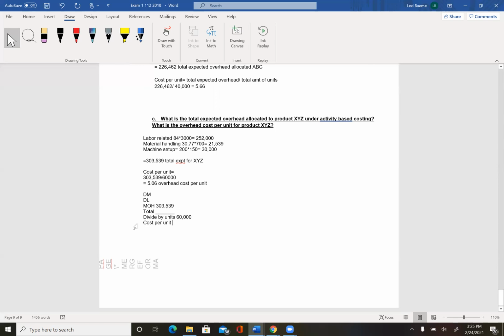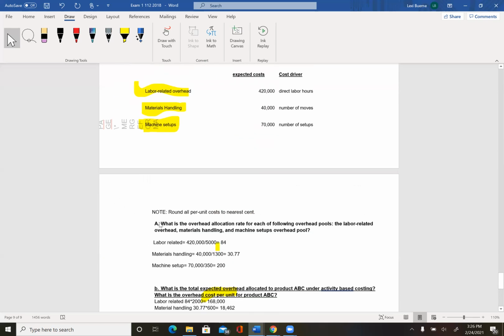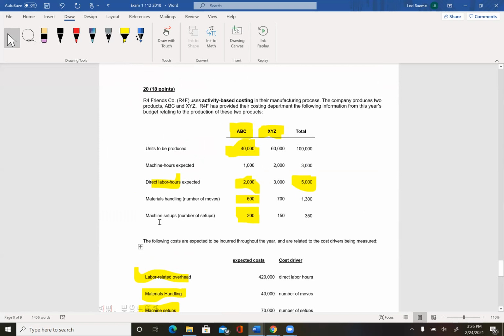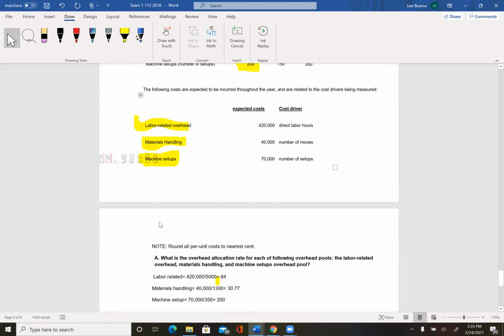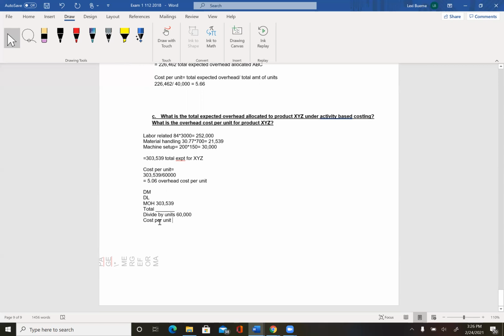But if it asked you for total cost per unit, you would have to add the direct materials, direct labor, and then the manufacturing overhead that we just found. But since it doesn't give us direct materials and direct labor anywhere in this question, that will always be given to you. It'll say like direct materials, direct labor will give you these numbers. Then you don't have to worry about it because it just asked for the overhead, but that's just something to keep in mind. So that is all for the short answer for 2018.